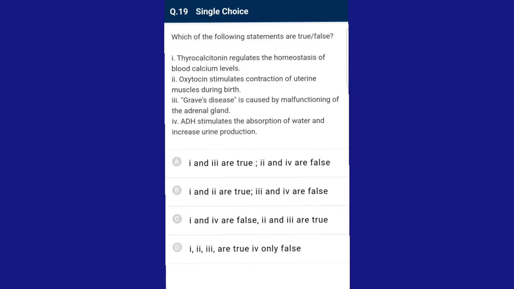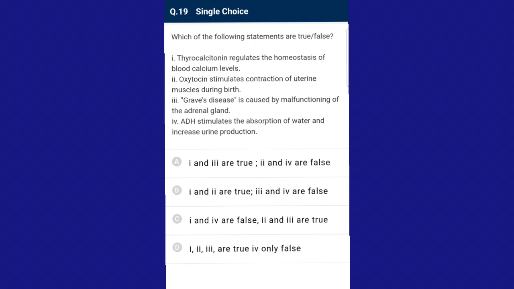Question number 19. Which of the following statements are true or false? Totally there are 4 statements given. First statement, thyrocalcitonin regulates the homeostasis of blood calcium level. That is correct. The second one, oxytocin stimulates contraction of uterine muscles during birth.